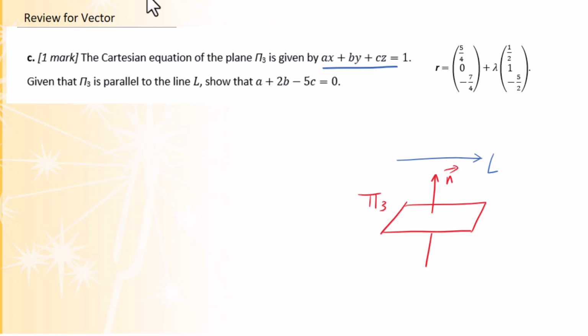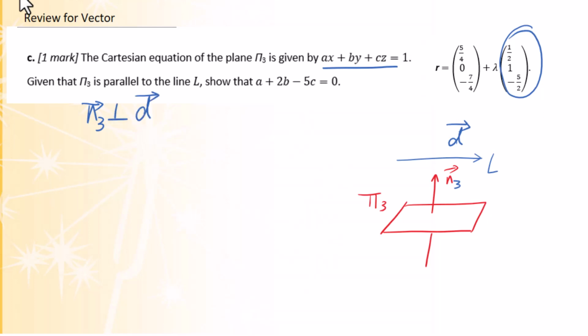We know the normal vector of π3 is perpendicular to the direction vector of L. This is a direction vector. Let's label the direction vector of L as D. Since the normal vector of π3, let's label as N3.